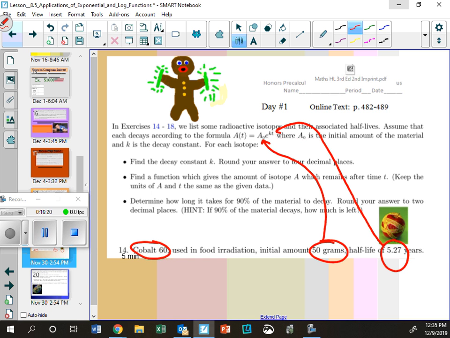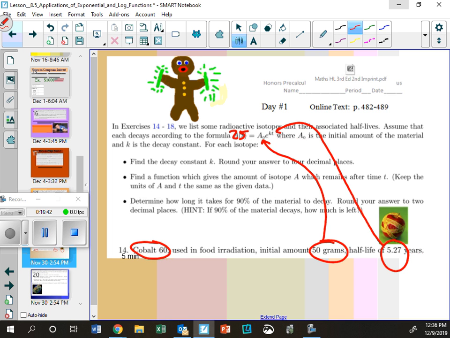That's your time. In 5.27 years, how much would you have? Well, it wouldn't be 50 anymore. It would be 25, so that goes here. So 25 equals 50 times e to the k times 5.27. And then you can solve for k.